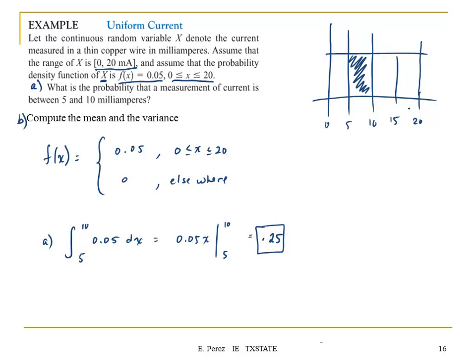It has to be 0.25 because it's just 1/4 of the area, right? So you're looking at the integration from 5 to 10. You have this area for the distribution. You're basically dividing the area in 4. You're looking at this area, the probability has to be 1/4, 0.25. Okay? Let's solve part B.